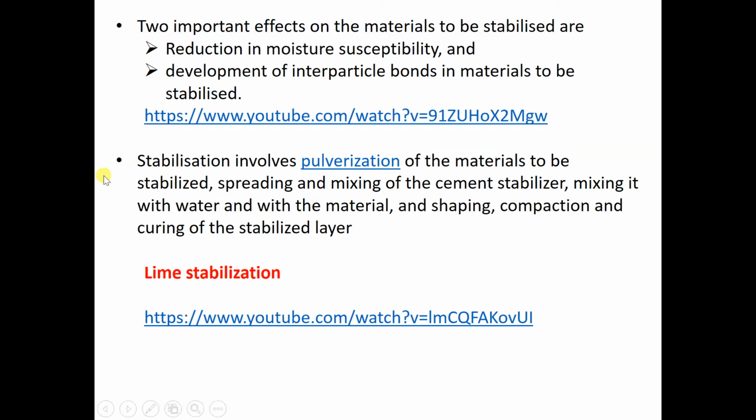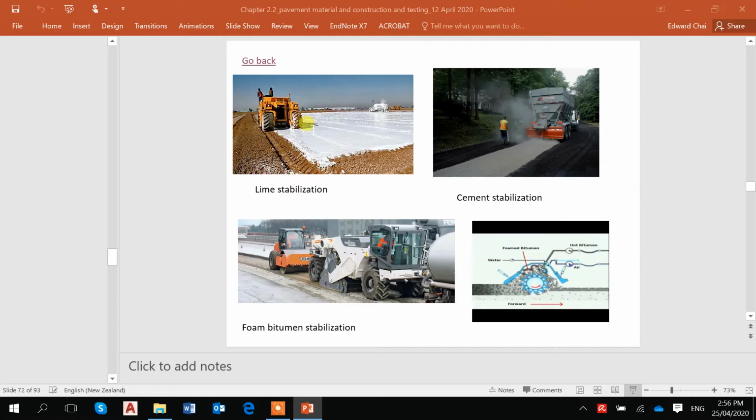Okay, let's see a short video clip on the cement stabilization.